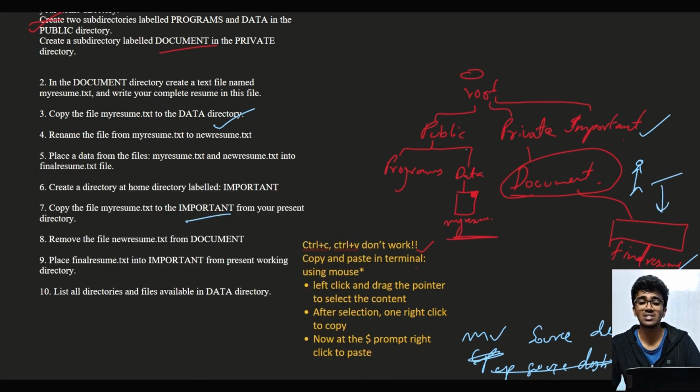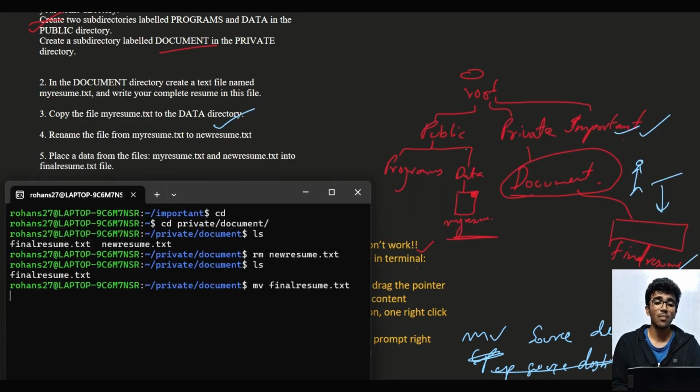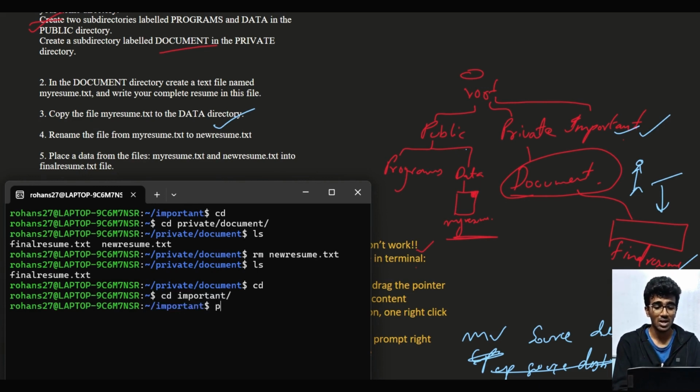This does not have access to this one, so you have to write the entire path of the important directory. To get the path, go to home, press cd, then cd to important, and click pwd so that you get the entire path.